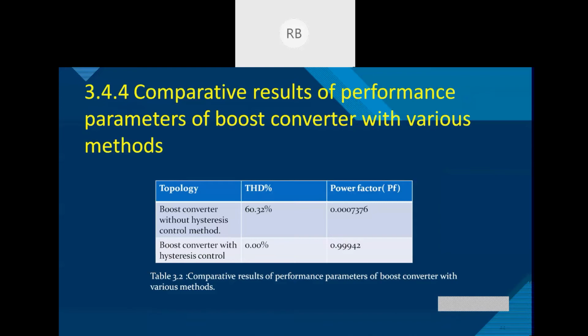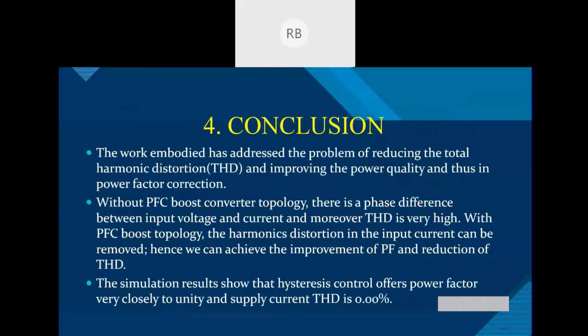And on the next slide we have the conclusion. As we have seen, the work we have done has addressed the problem of reducing the total harmonic distortion. Along with it, it has improved the power quality drastically. The simulation result shows the hysteresis control offers power factor very close to unity, and the supply current THD is also nearly 0.000%.